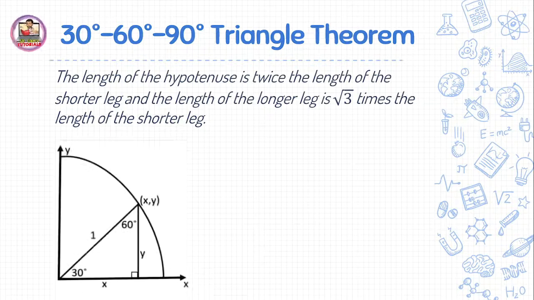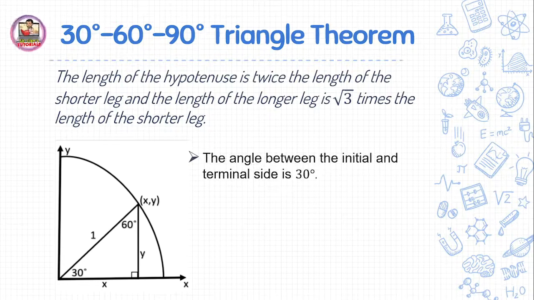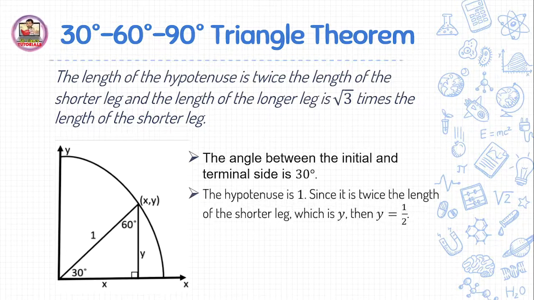So let's focus our attention first on the 30 degree angle. So the angle between the initial side and terminal side is 30 degrees. The hypotenuse is 1. So as you can see in the figure, the hypotenuse is also the radius, and since we are talking about a unit circle, its radius is equal to 1, therefore our hypotenuse is 1.